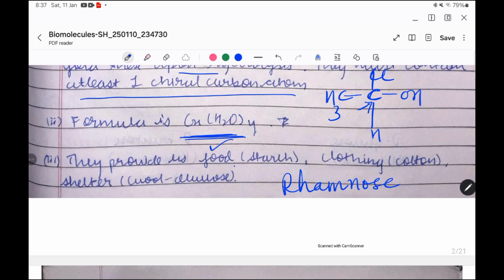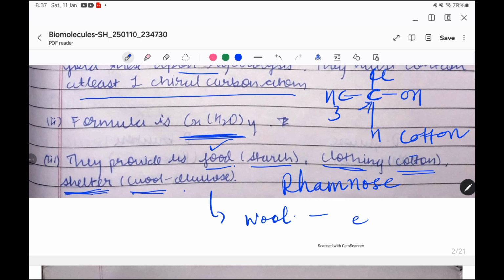They provide us food, clothing, and shelter. Food, for example starch. Clothing, for example cotton. There are some spelling mistakes in this. Shelter, for example wool, right? So wool is also one of the carbohydrates. We have cellulose also, I think, written. So you must understand these points.